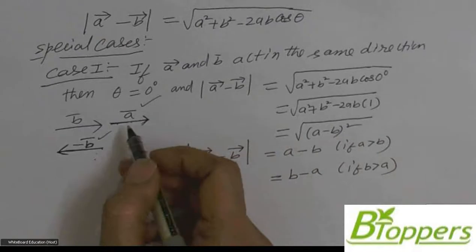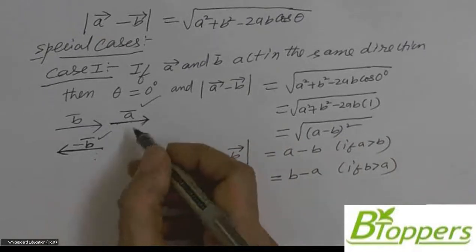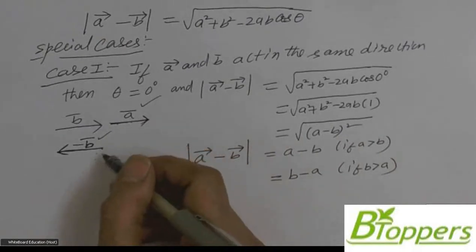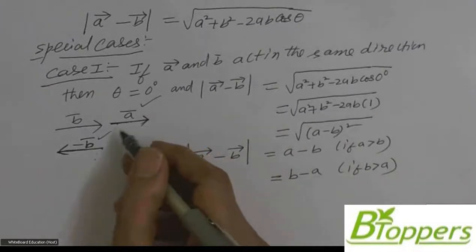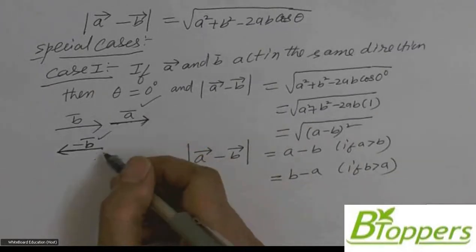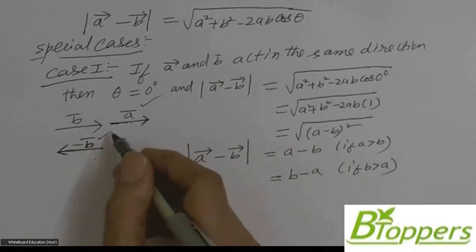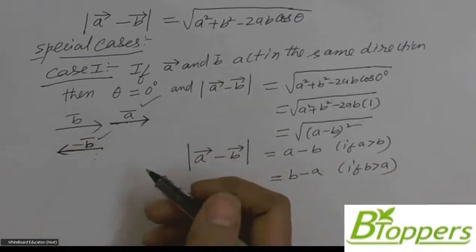So whatever rules we have followed earlier for addition of vectors, the same rules we have to follow even now, because the difference of vectors a bar and b bar is defined as the sum of the vectors a bar and minus b bar.